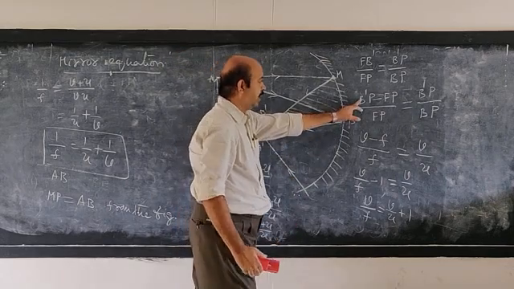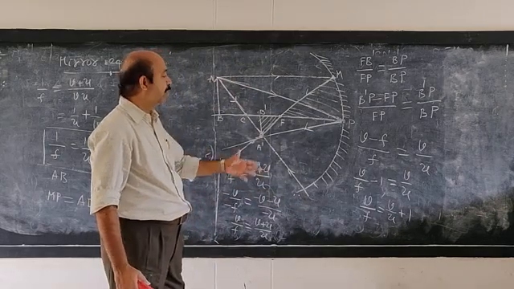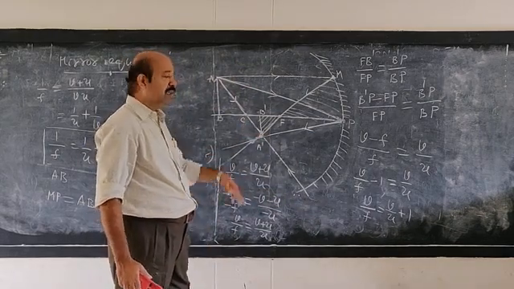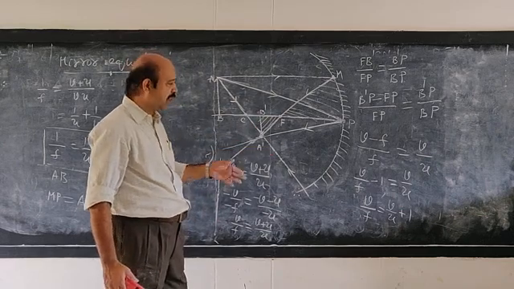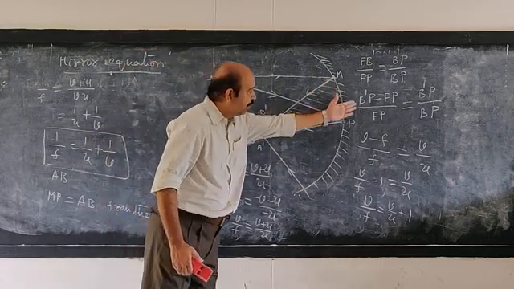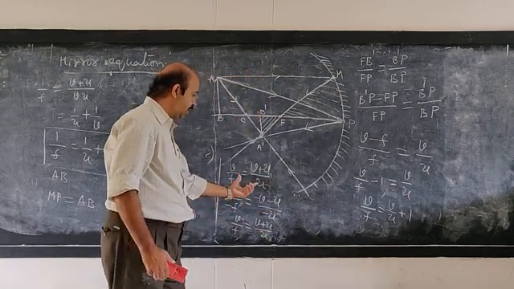I substituted the symbols for the respective distances: object distance u, image distance v, focal length f. From this equation I got this equation.